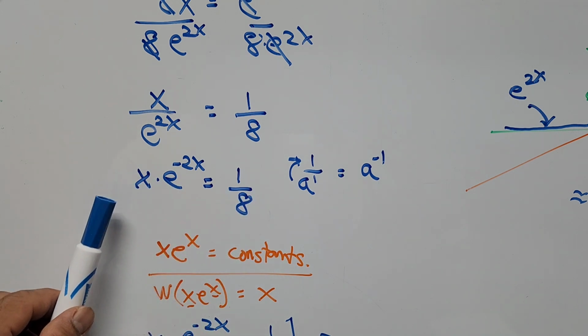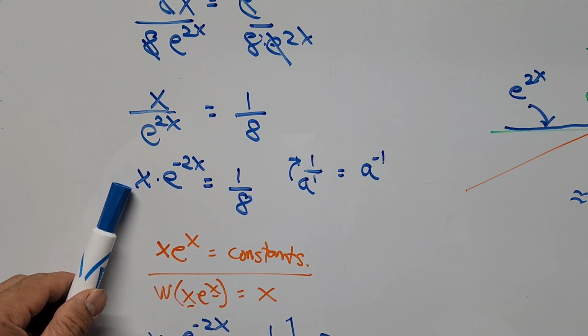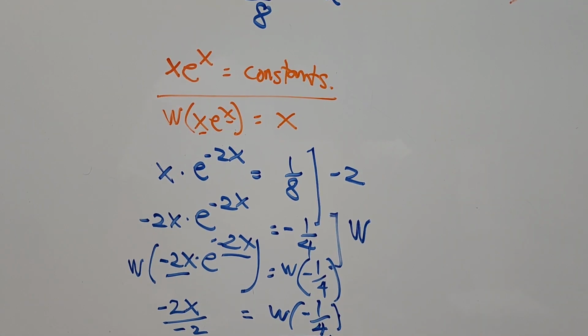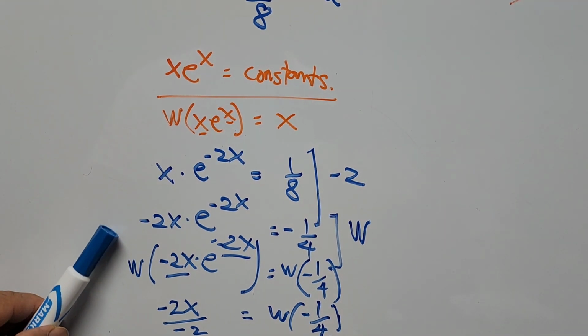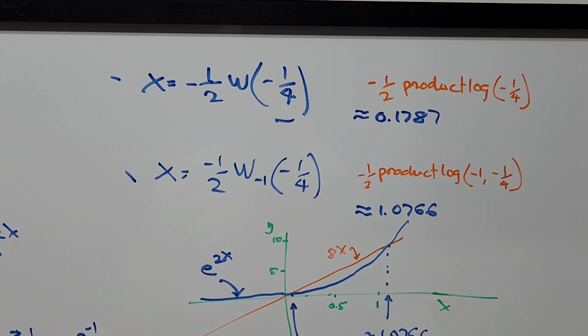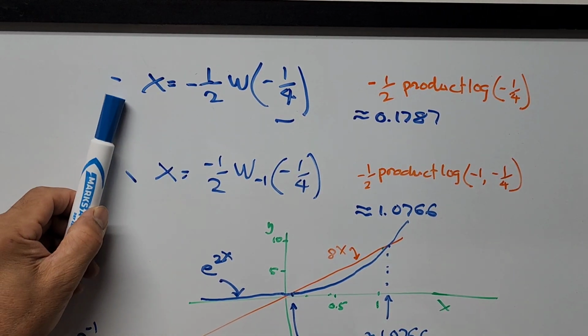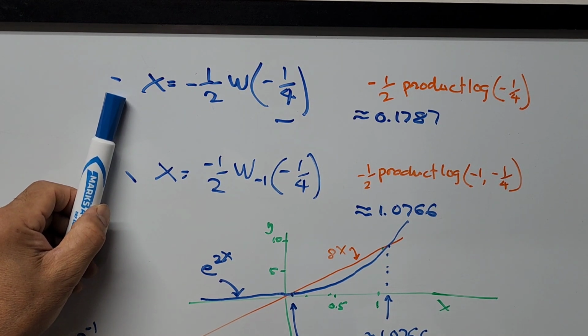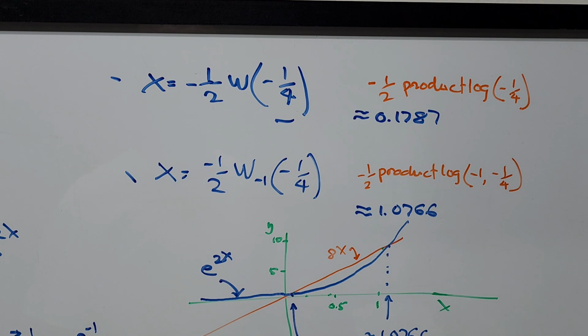So by multiplying both sides of the equation by negative 2, like what we did on here, and then getting the value of x in the form of negative 2x, then solve for the value of x. Solving the numerical value of x is impossible by hand, so we have to resort to a computer or our cell phone.